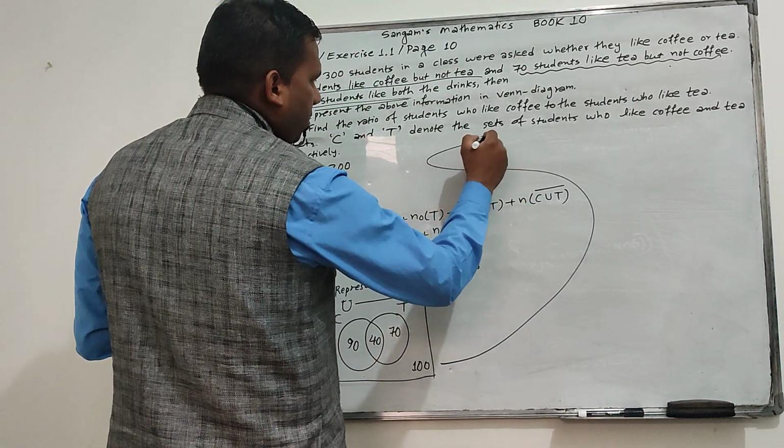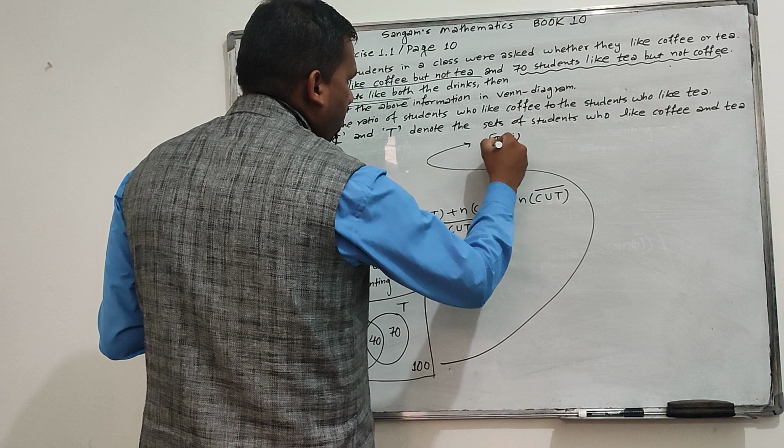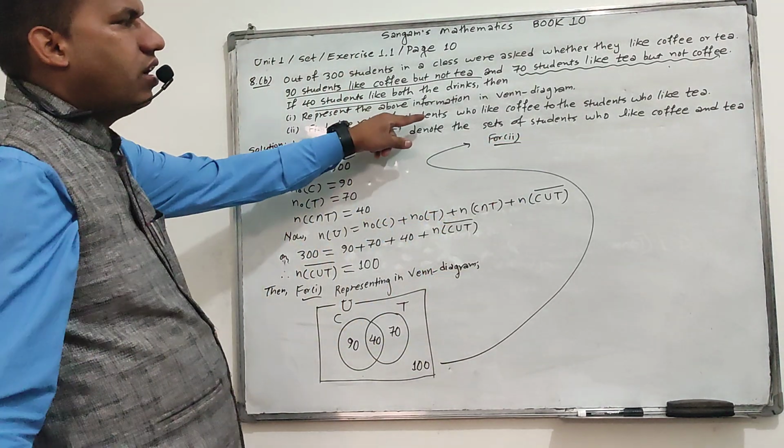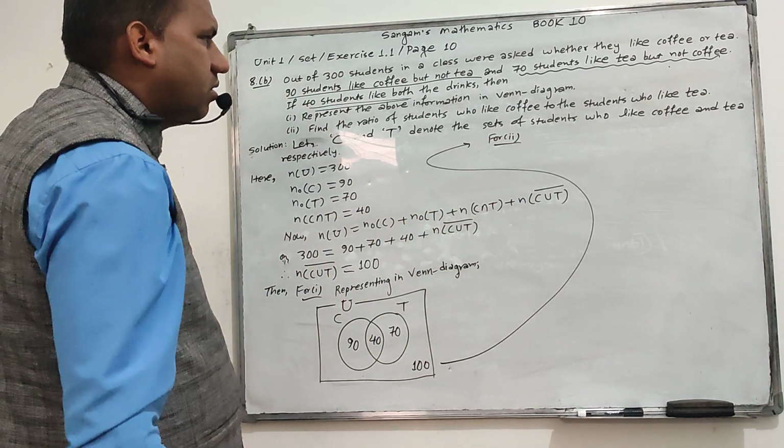After this, part 2, the ratio of students who like coffee to the students who like tea.